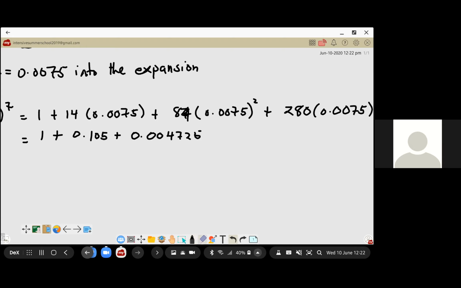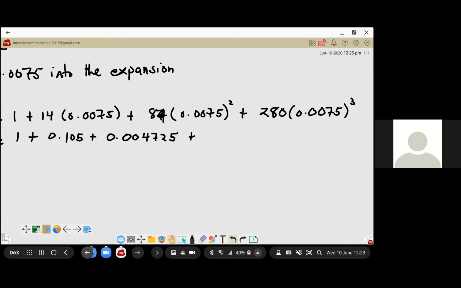Can someone confirm for us? It's correct. Good. And the last one, 280 and 0.0075 cubed, 0.000118.